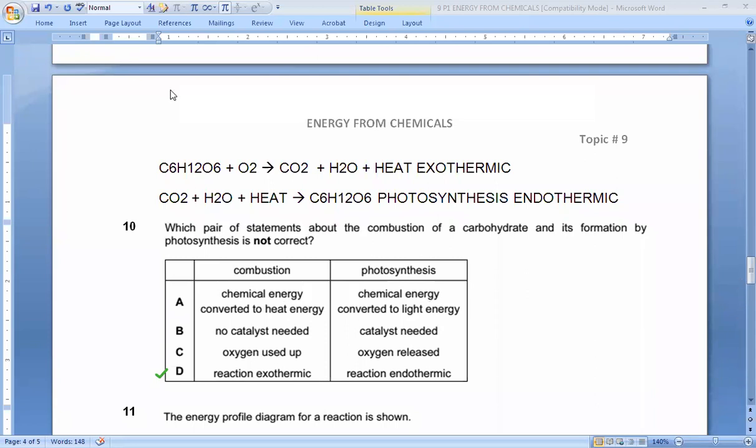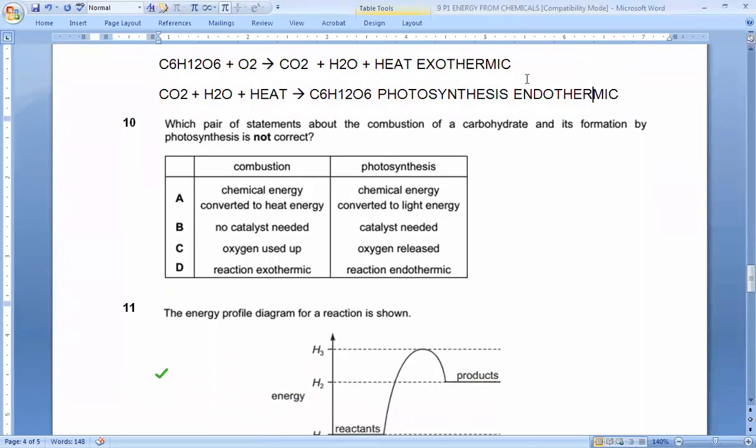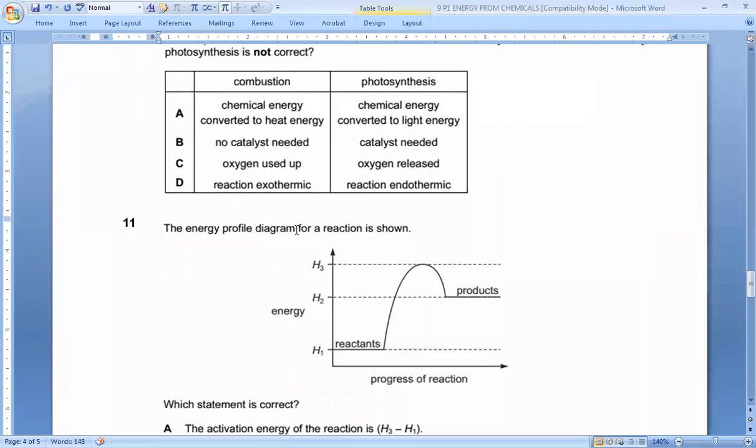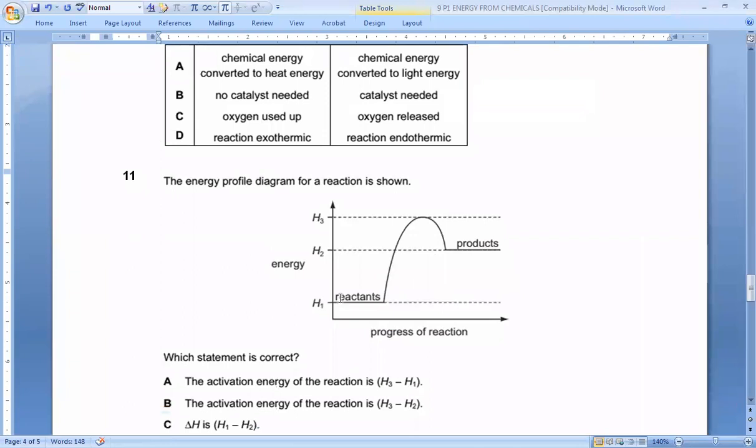Now we have to proceed to question number 11. Question number 11, an energy profile diagram for a reaction is shown. In this energy profile diagram, reactants are on the lower side, products are on the upper side.